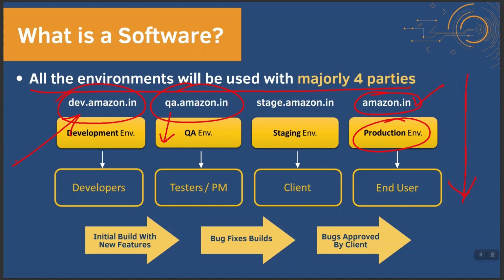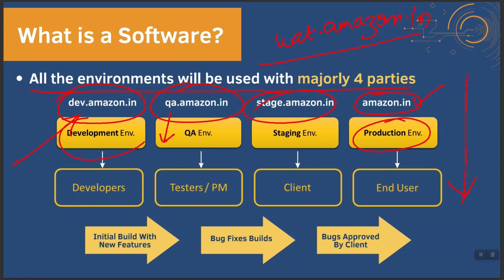No matter if you are able to run this environment on your system by just using the URL, even then there will be security of VM and VPN which you have to have access to in order to run this. So creating this URL is not going to throw any security issues to amazon.in. Similarly, there will be stage and UAT URLs for the respective environments.